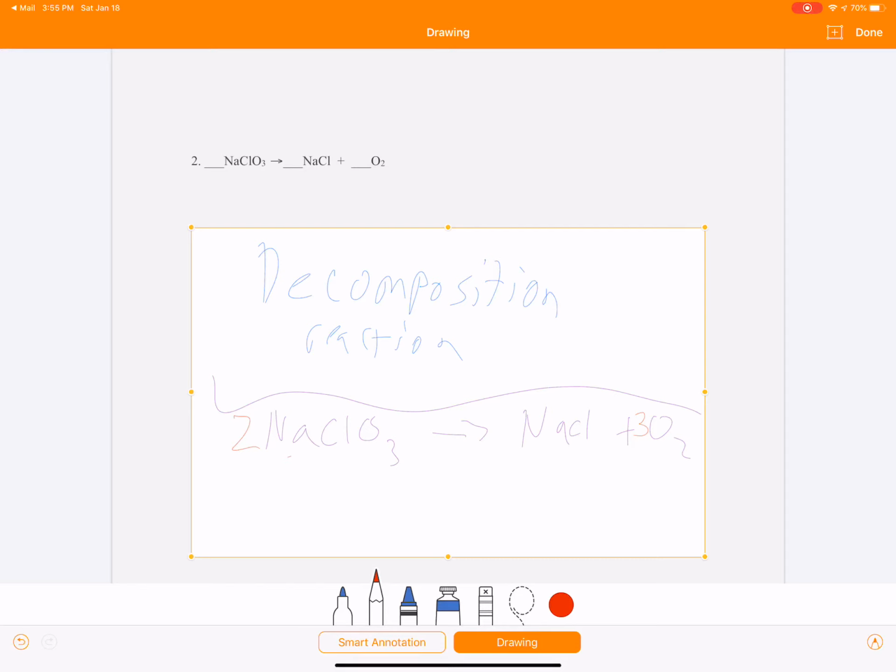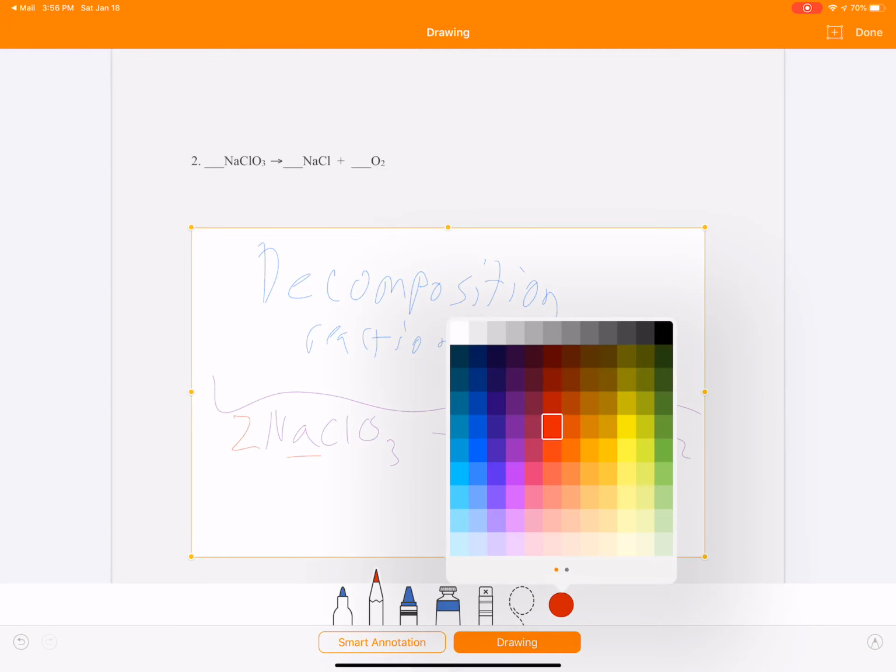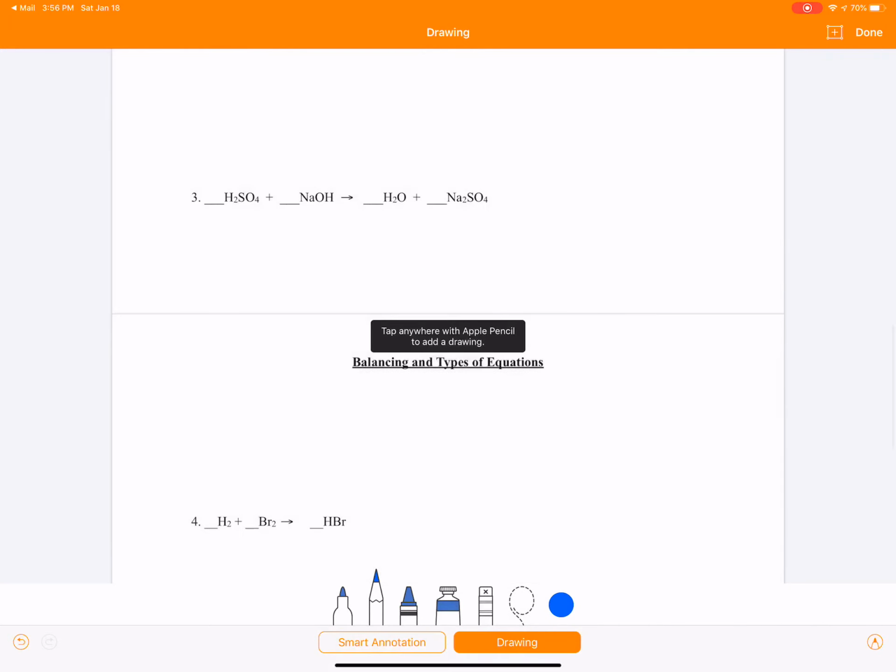But now the sodium and chlorine are both balanced. Well, I put a 2 there to balance that. So that's the balanced reaction. 2 sodium chlorate equals 2 NaCl plus 3O2. And that's that reaction, the decomposition reaction.